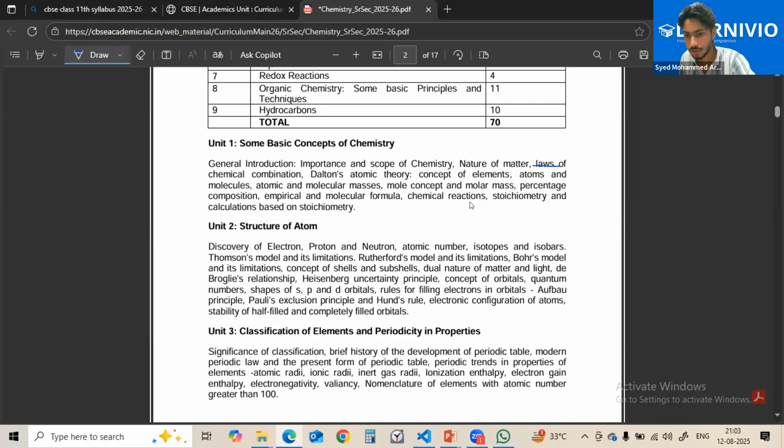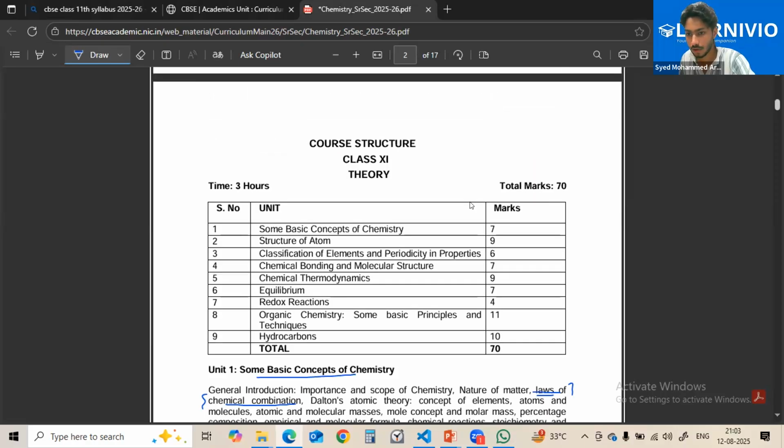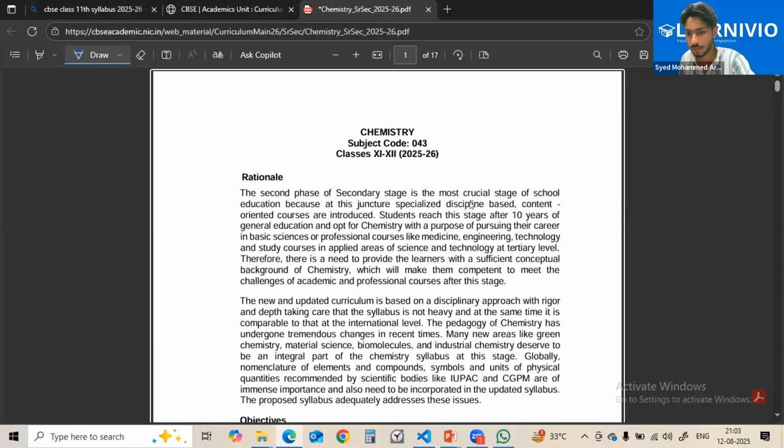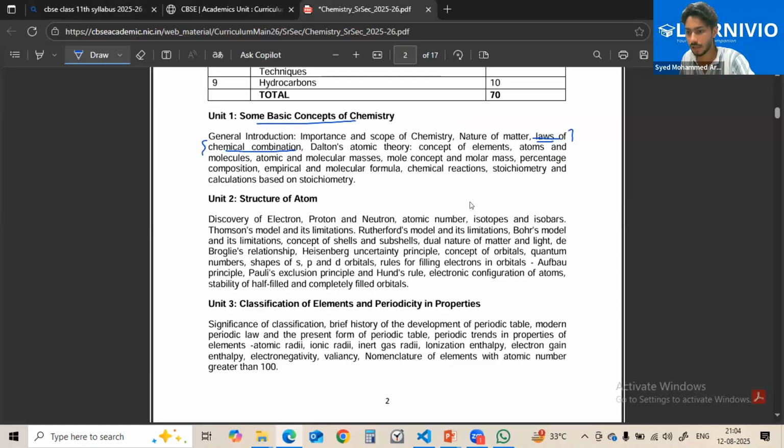Laws of chemical composition is there in your syllabus. Are you able to see this? This is your some basic concepts of chemistry, and this is your 2025-26 syllabus, chemistry class 11th. So that's why I'm teaching you.